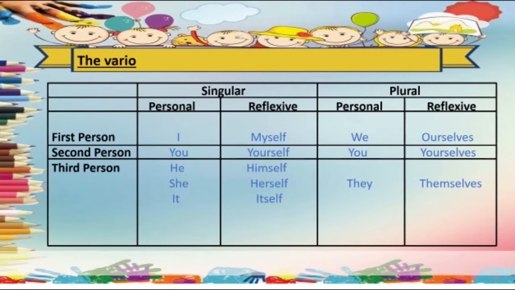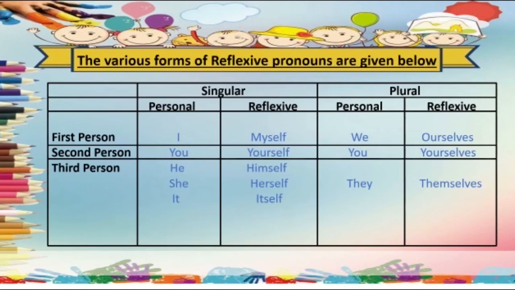Now let's study this table which shows the various forms of reflexive pronoun. First person, singular, personal I, reflexive myself. Plural, personal we, reflexive ourselves. Second person, singular, personal you, reflexive yourself.